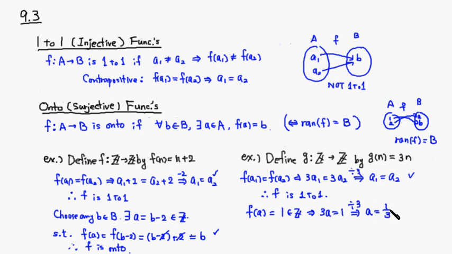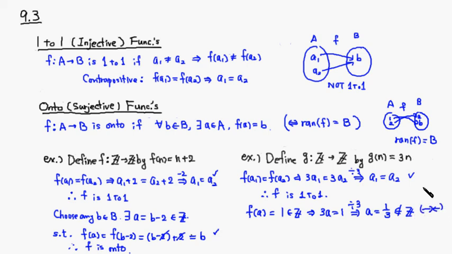But unfortunately, 1/3 is not an integer. In order to get 1, a has to be 1/3, which is not an integer. So this is a contradiction.